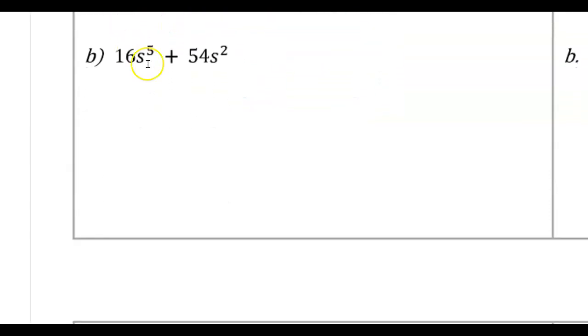On this one, it doesn't look like a difference or sum of cubes at first. Let's factor out a GCF and see what this could be. They're both even, so they both divide by 2, and then they have s to the 5th and s squared. So we're going to take out 2s squared. I think 2 is the biggest number that goes into 16 and 54.